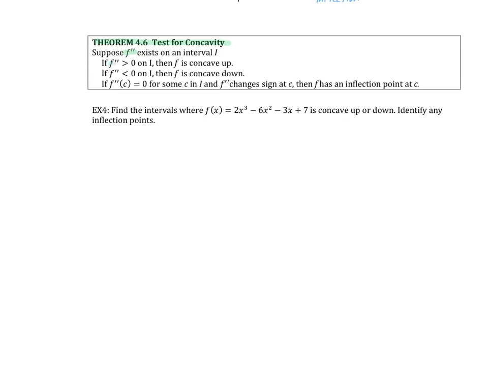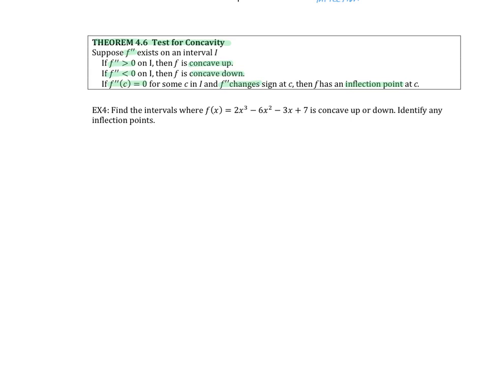If the second derivative is positive, then it's concave up. If the second derivative is negative, concave down. If the second derivative is 0 and we have a sign change, then it's an inflection point. So very simple. All we have to do is find the second derivative.